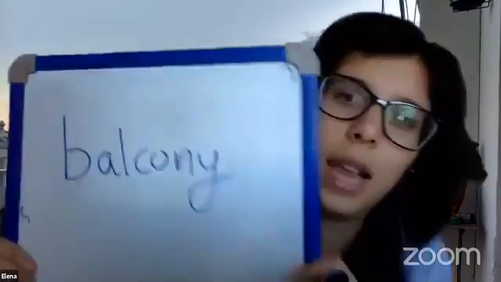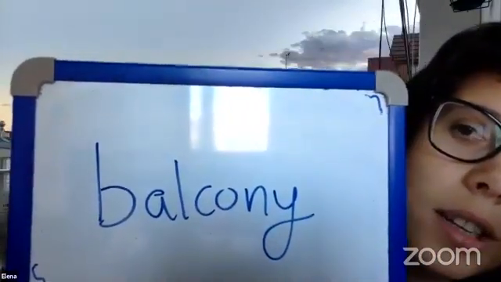Well, those were definitely the right answers. Though instead of the garden, because I don't have a garden, you could use the word balcony. Do you know it? Balcony. Like this. Balcony.